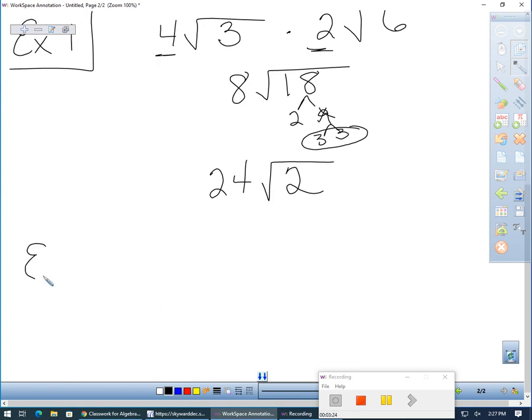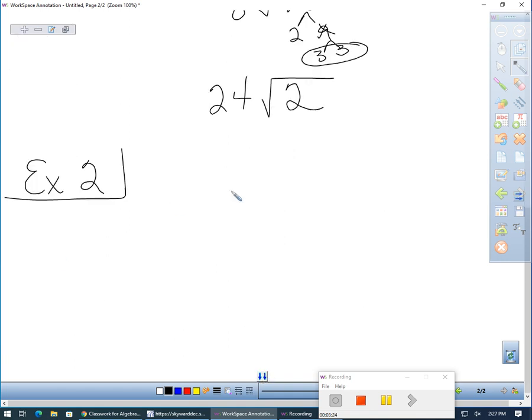Example number 3. Or example number 2. I can't count. Example number 2. Let's go with the cube root of -4 times the cube root of 18. All right.